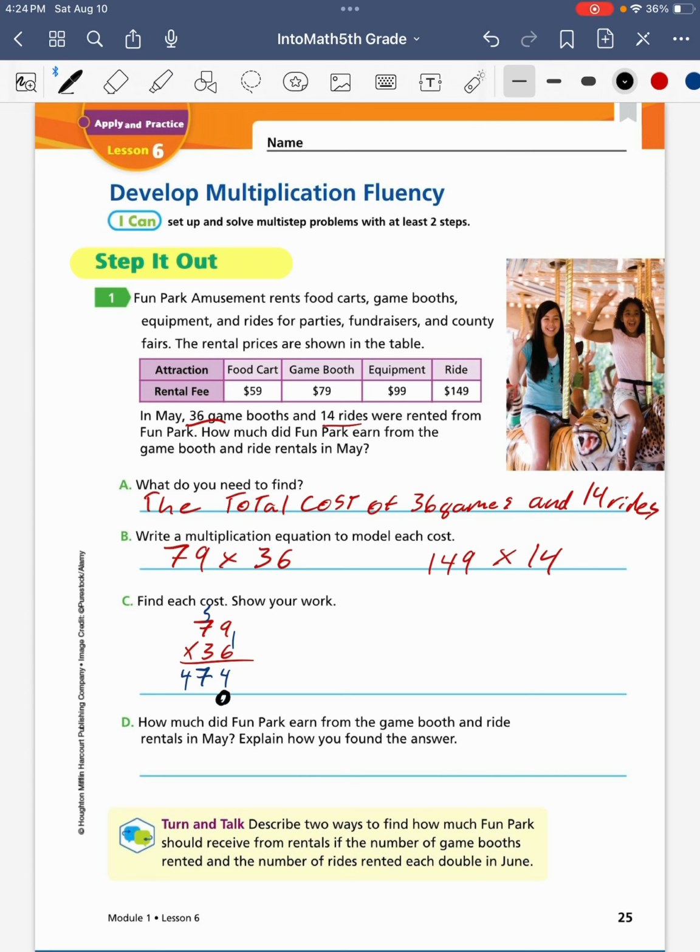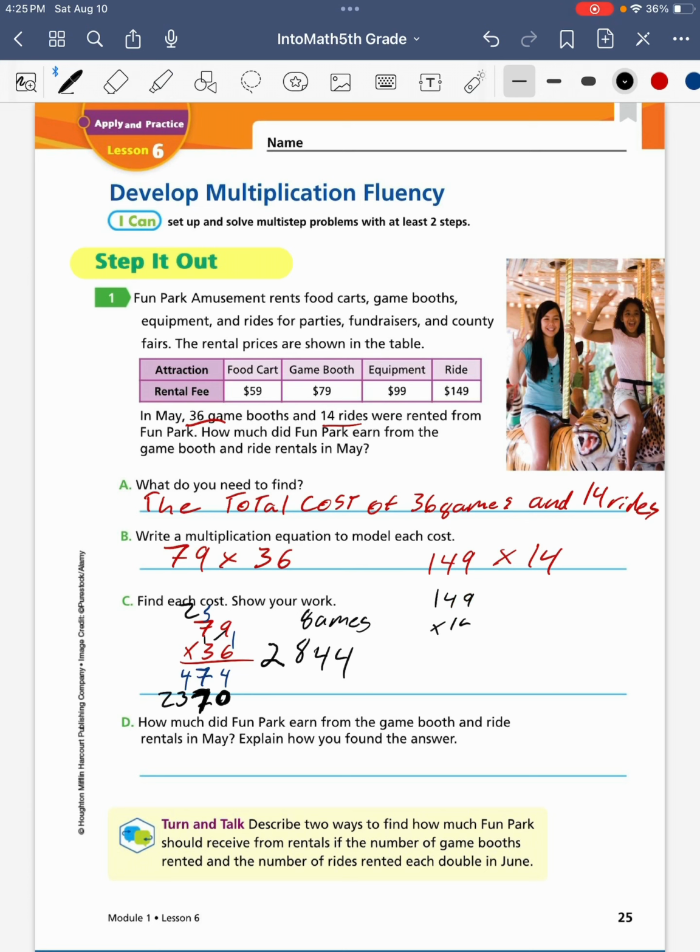Now, I move to my tens, make sure I put that placeholder 0, and multiply 3 times 9. 3 times 9 gives me 27, so I put my 7 down here, and carry my 2 over my 7. 3 times 7 is 21, plus 2 is 23. Add this all together, and I get 2,844. That is the total cost for our games.